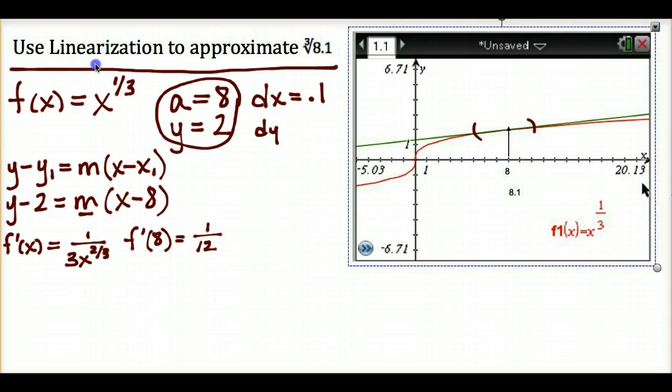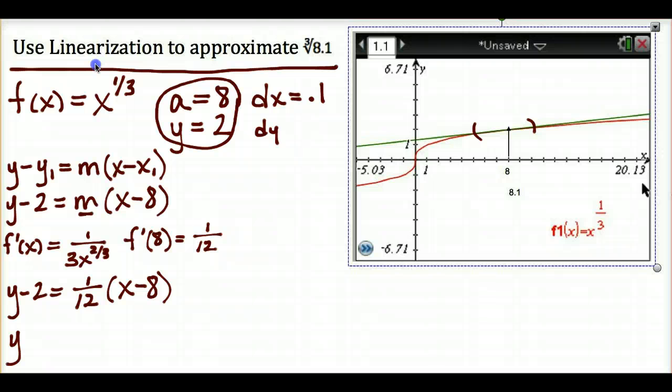So we can plug that in and get the equation of our tangent line. It's going to look like y minus 2 equals 1/12 times x minus 8. Now remember, we're using this tangent line to figure out what our new y value is going to be if we change x by 0.1.